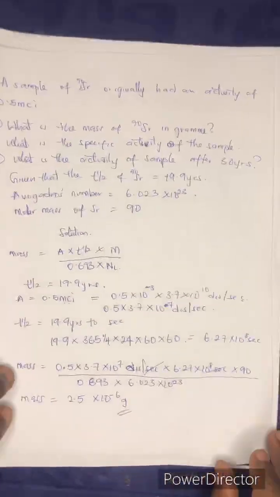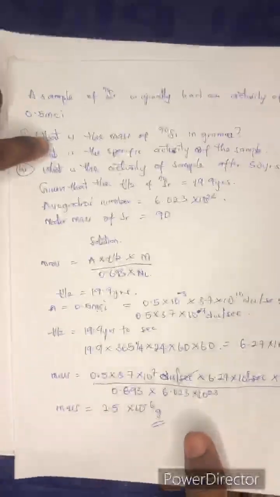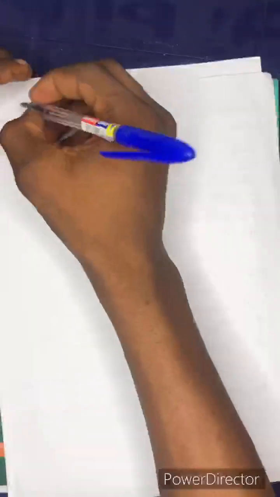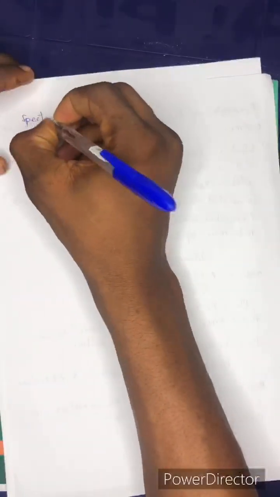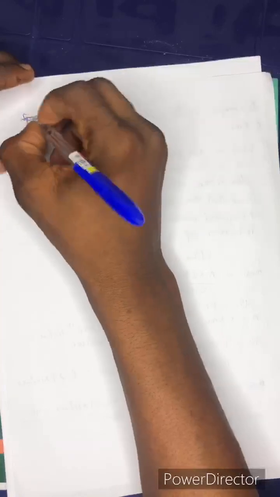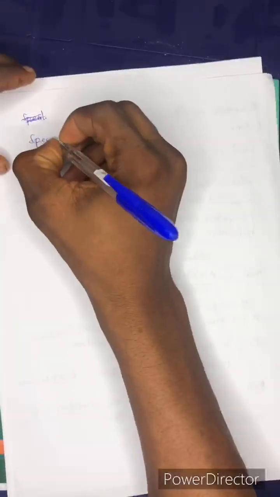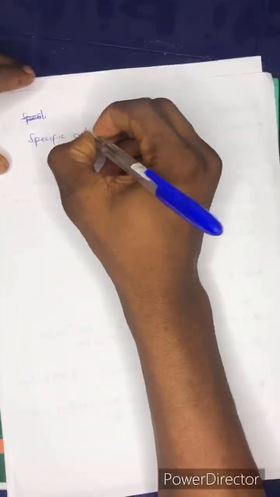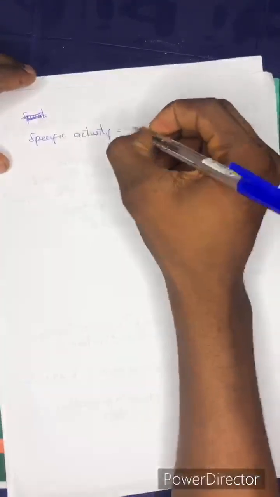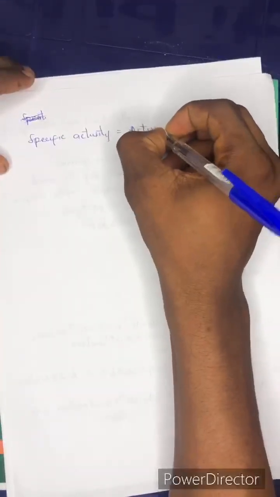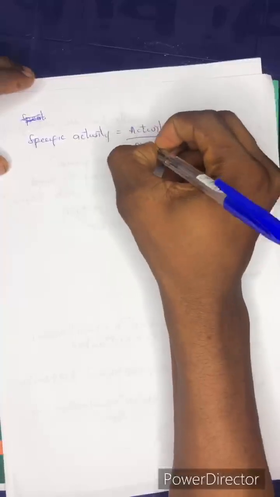Now, if you've gotten this, we go and solve the next question that says what is the specific activity of the sample? Specific activity, as I have said, is specific activity equals activity over mass.